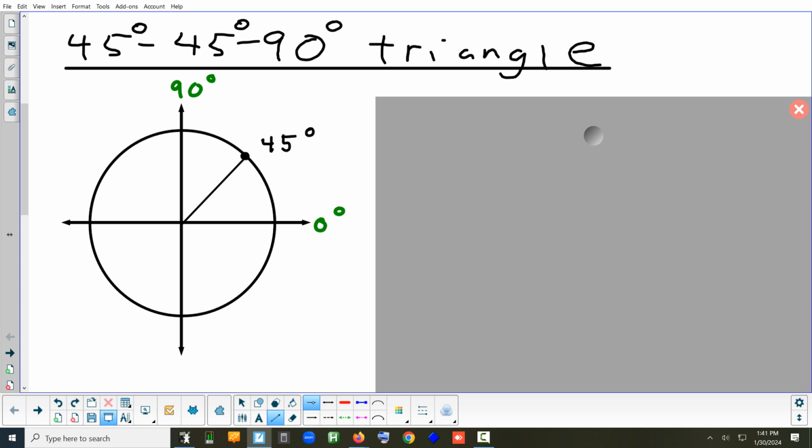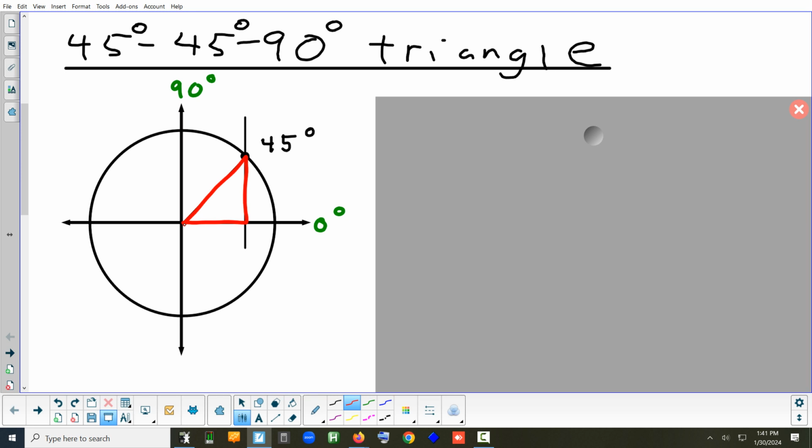What shape do you think I'm going to end up making inside the circle? Yeah, a triangle. The way I'm going to do it is I need a vertical, and I'm going to put it right there. I got a little extra, but that's fine. I just made a triangle, which I'm going to highlight in red.